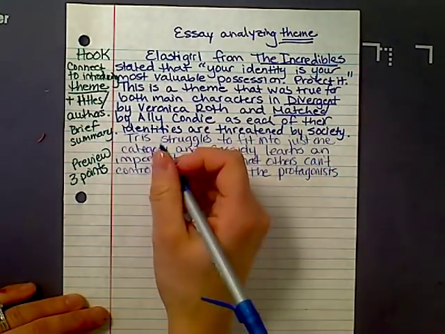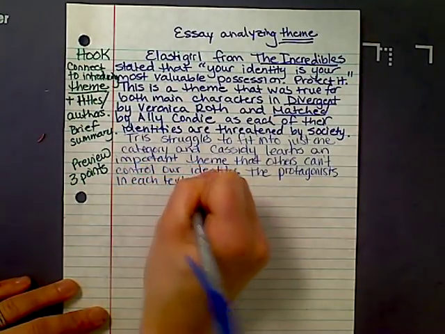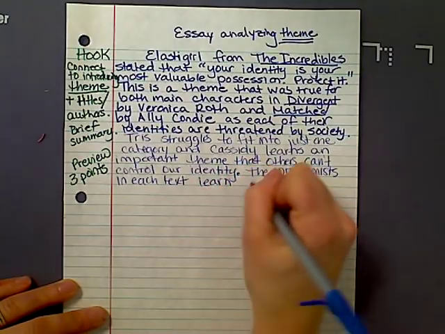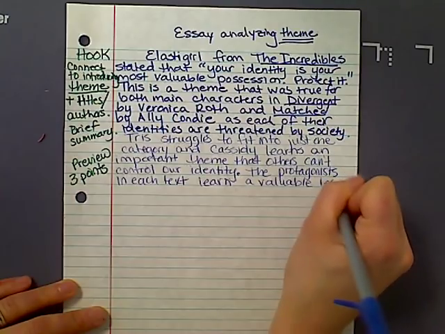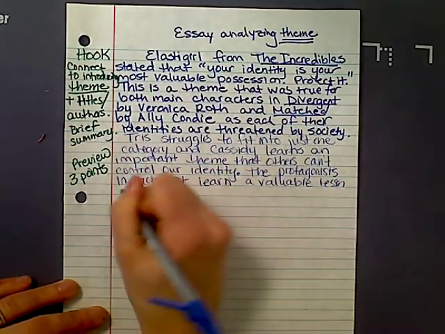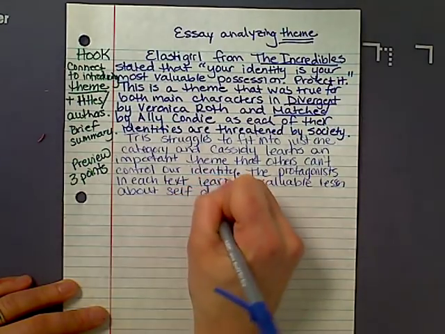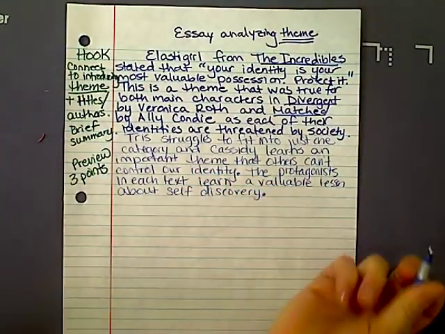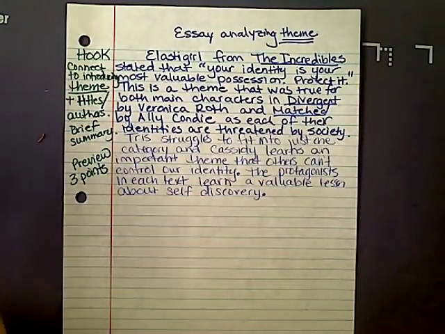The protagonists in each text learn a valuable lesson. Again, I'm bringing in this idea of theme, so I said valuable lesson about self-discovery. Notice I'm coming up with different ways to say my point. I'm not saying it the same exact way. And so now I've previewed my 3 points.